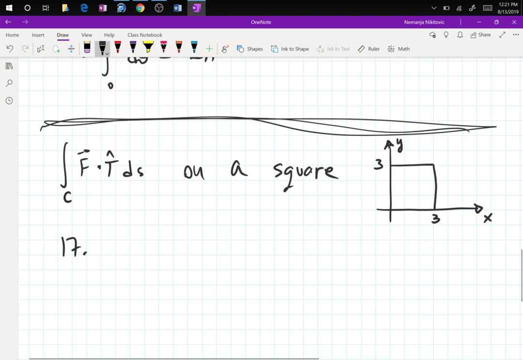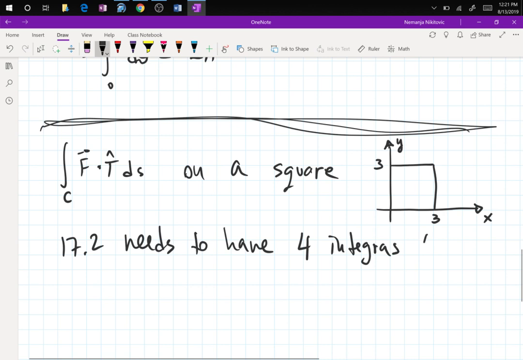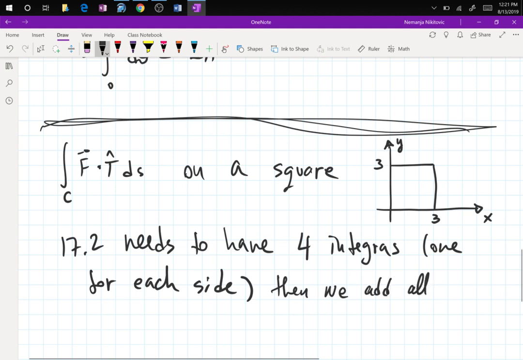So 17.2 needs to have 4 integrals, 1 for each side. 17.2 has to calculate each one, and then you add all of them.